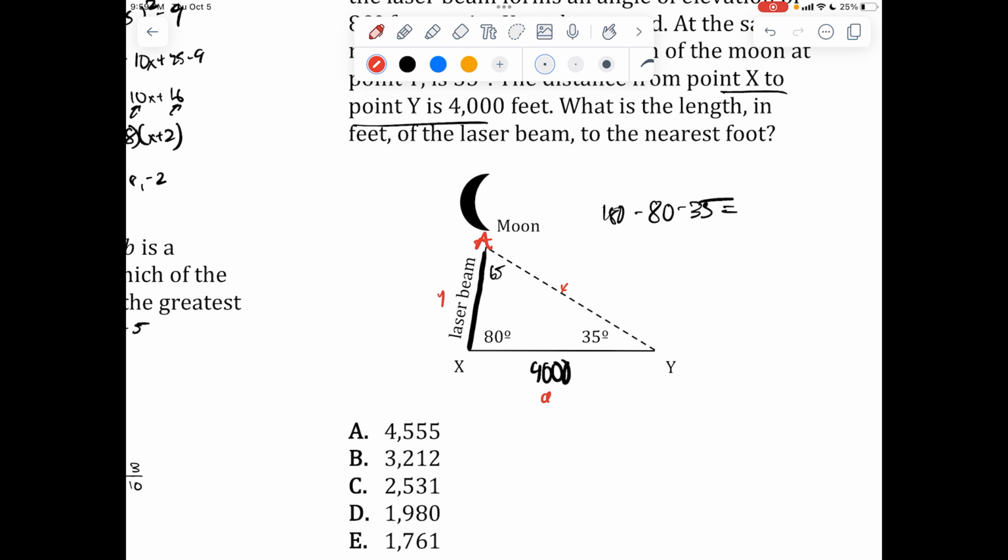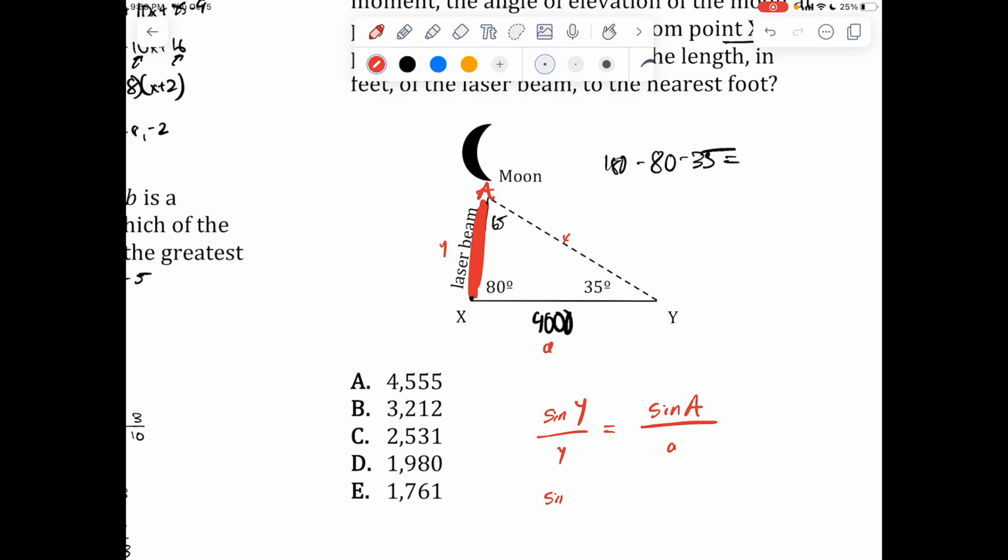Okay. So since I'm looking for side length y, I'm going to do sine of uppercase Y over side length y is equal to sine of angle A over lowercase a. Just plug everything in. Sine of 35 over lowercase y is equal to sine of 65 over 4,000.